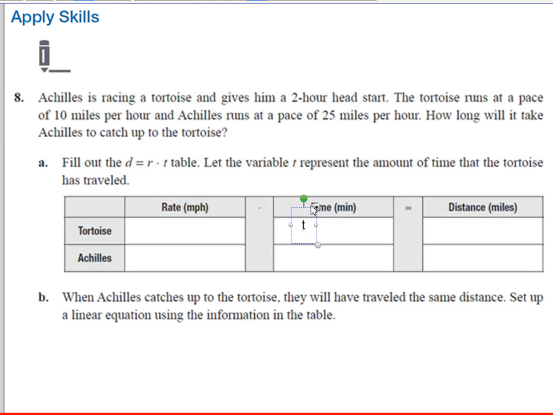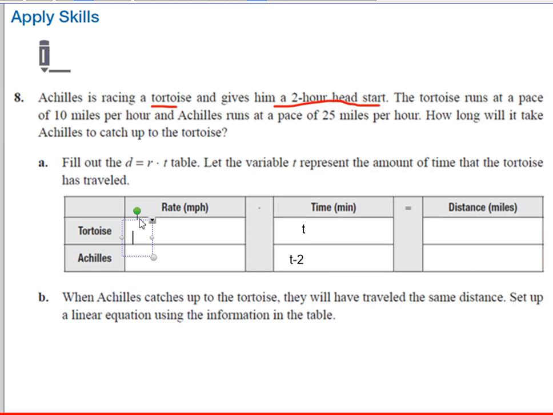Now we are given somewhat of a comparison. Our comparison says that the tortoise is given a 2-hour head start. So that means that the tortoise is running 2 hours longer, has already been running 2 hours before Achilles starts. So that means Achilles is running 2 hours less. And so Achilles we will represent as t minus 2. And we know the speed that they run.